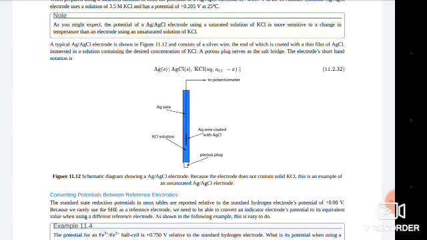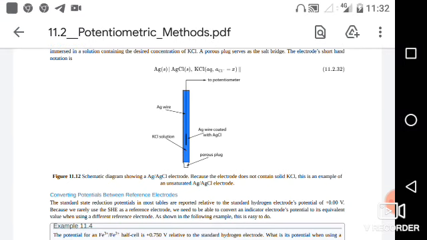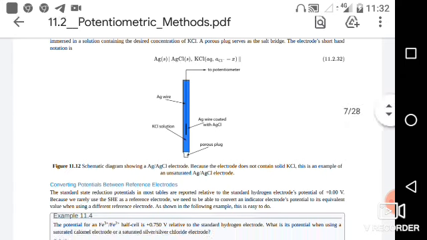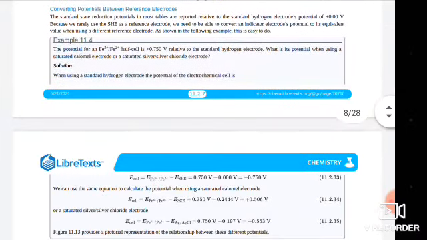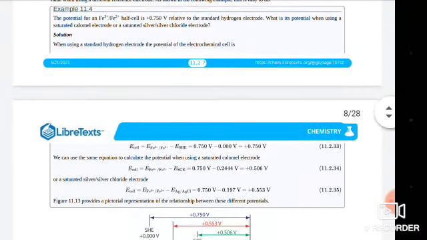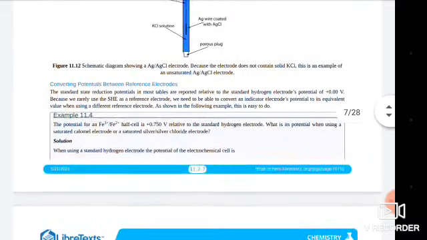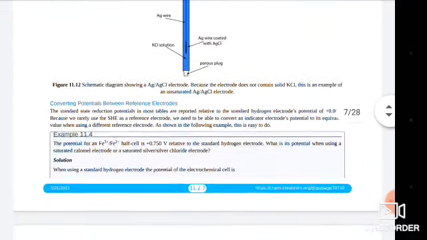A porous plug serves as the salt bridge. This is the porous plug, the KCl solution, Ag wire coated with AgCl, Ag wire, and it is joined to the potentiometer.